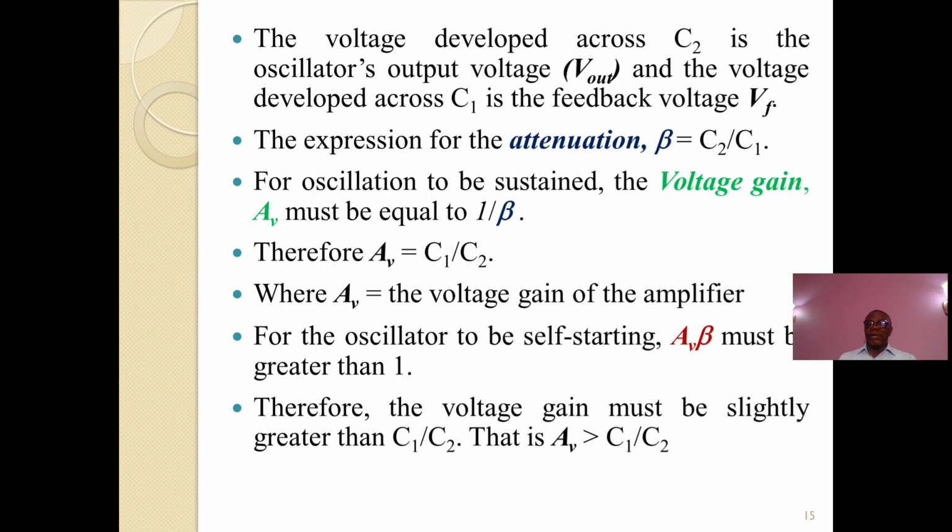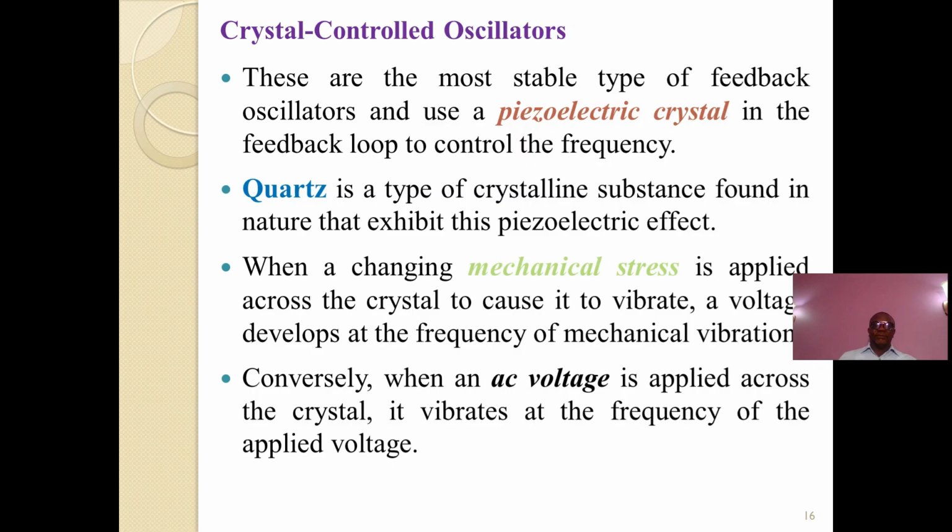At the point where it gets to the desired frequency, you have to clip it for AV to be equal to 1 so that the output will remain constant. That is what happens in the Wien bridge. So we have seen that all the conditions for oscillation to take place in the LC feedback and the RC feedback are met.